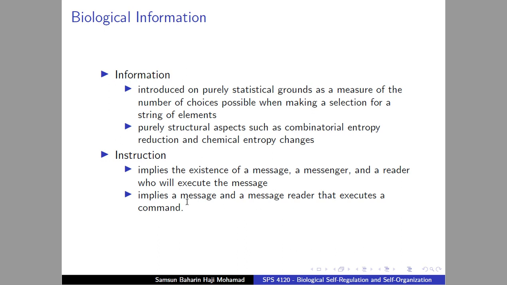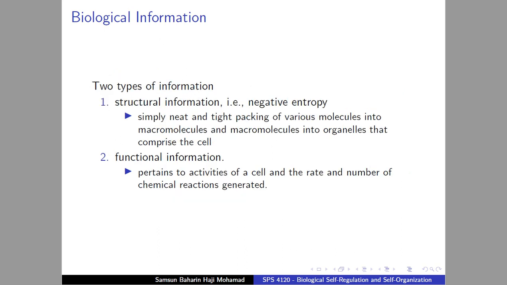Implying a message and message reader that include a command. When the cell goes to the organ, in the brain, it becomes a cell in the brain. So it contains the information. Two types of information.